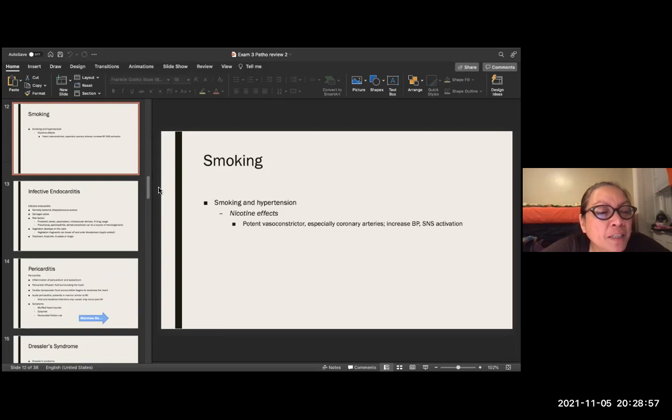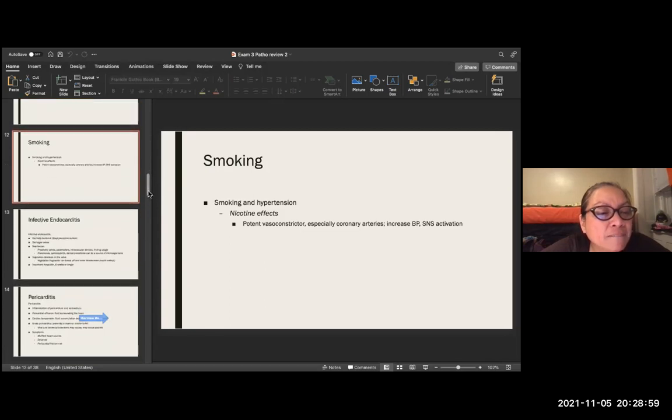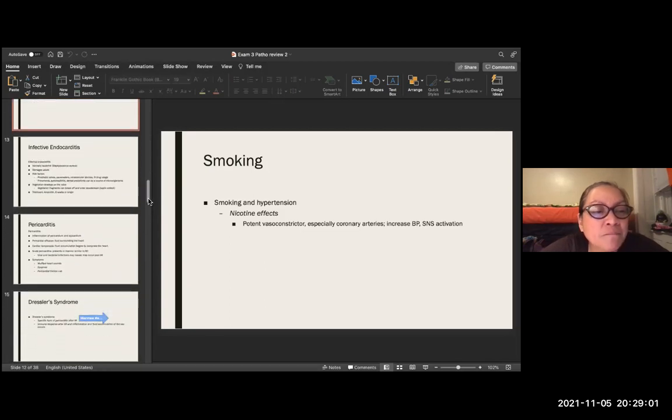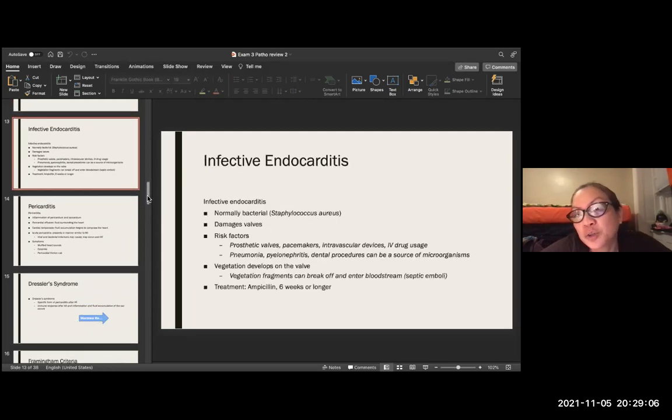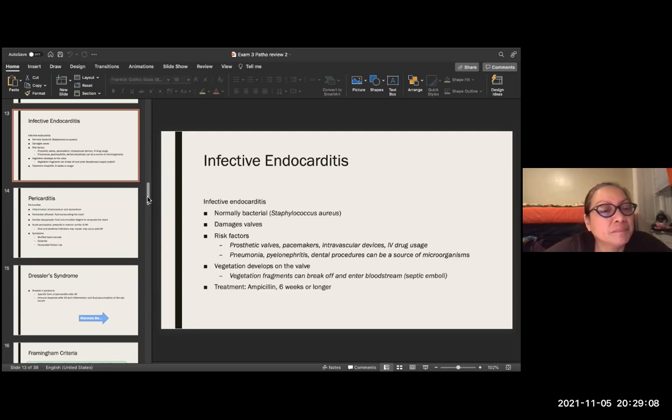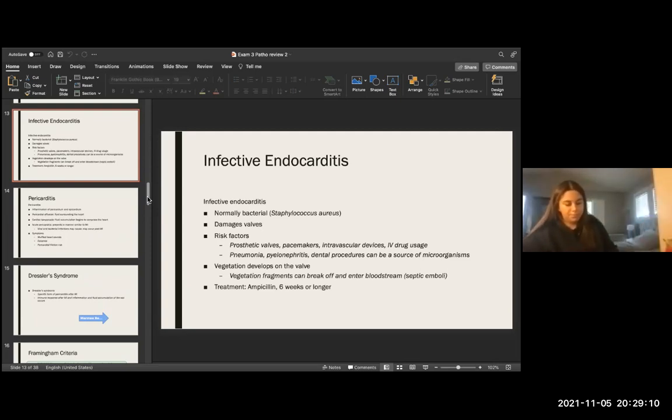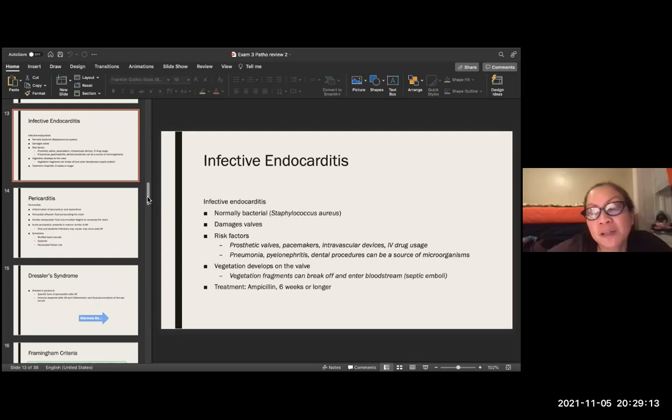Now, in infective endocarditis, when you say infective, what do you understand? It's infectious disease, right? So if it's infectious disease, the organisms are there. So the culprit is Staph aureus.